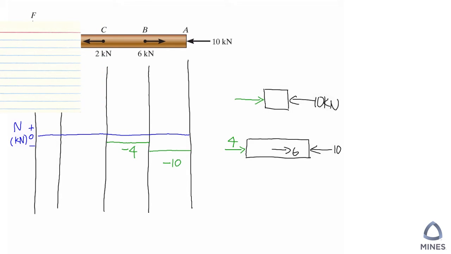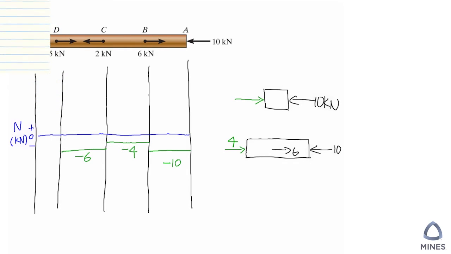I'm not going to draw the FBD, so you do your own calculation. We can see our internal force will change to -6. And if you keep moving your cut, passing through location D, this is going to be your axial load diagram.